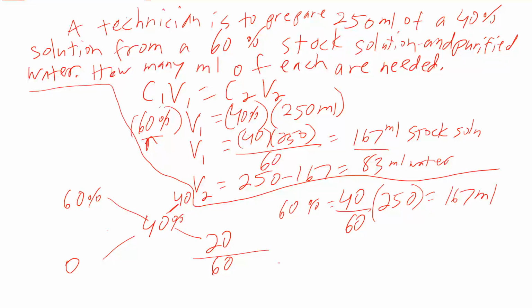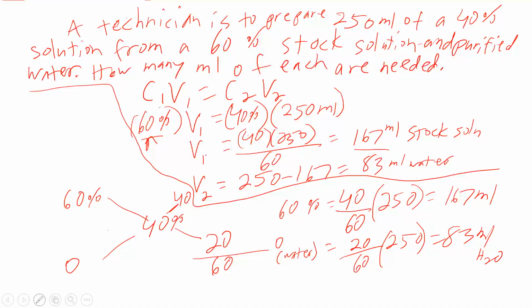And then if you want the water, which is 0, equals 20 over 60 multiplied by 250, and that gives us 83 mils of water. So it's the same numbers. We get the same numbers on both of these. C1 V1 equals C2 V2, we could do that, or we could do the alligation problems here.